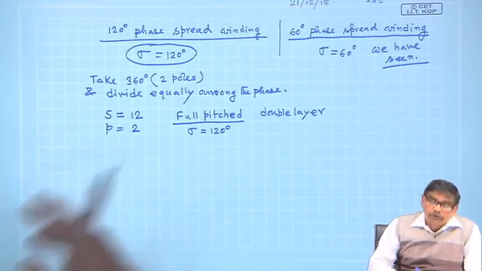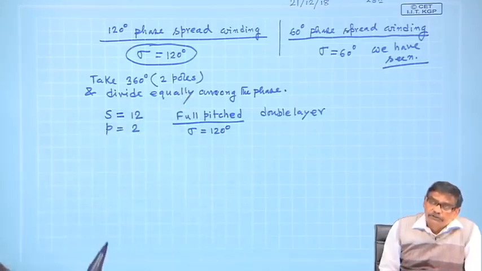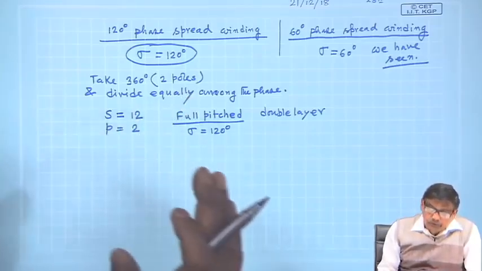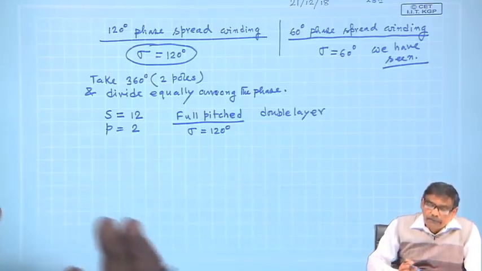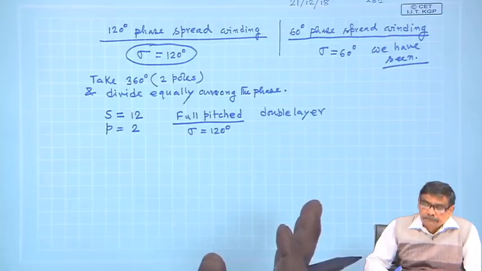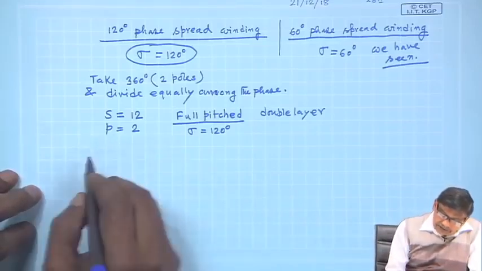So, there are 2 poles. So, over 2 poles there are 12 slots. Therefore, under this 2 pole, total number of slots should be equally divided. Therefore, what is that?